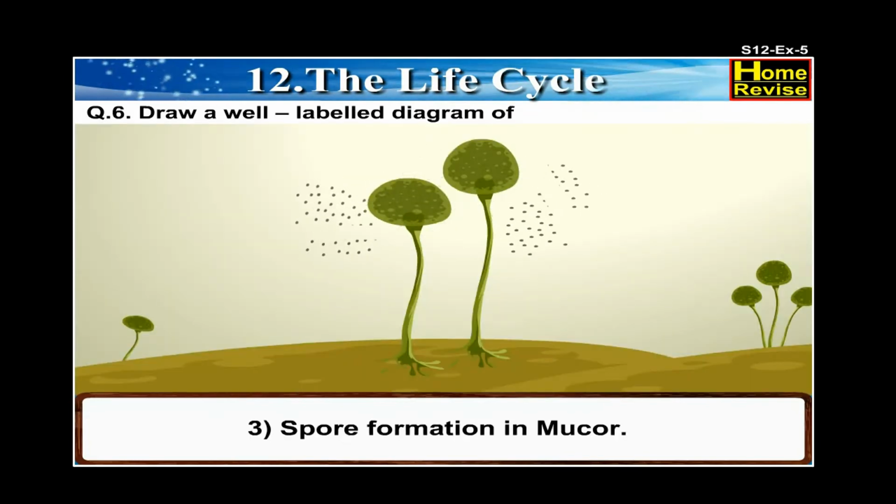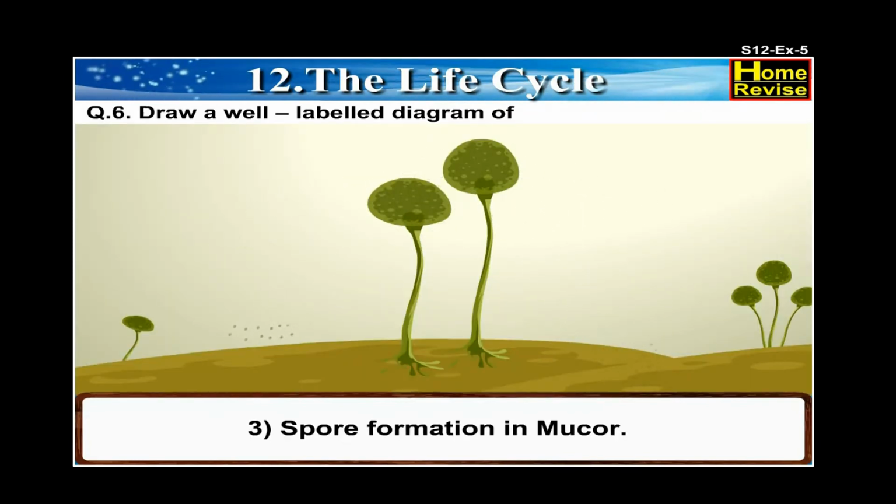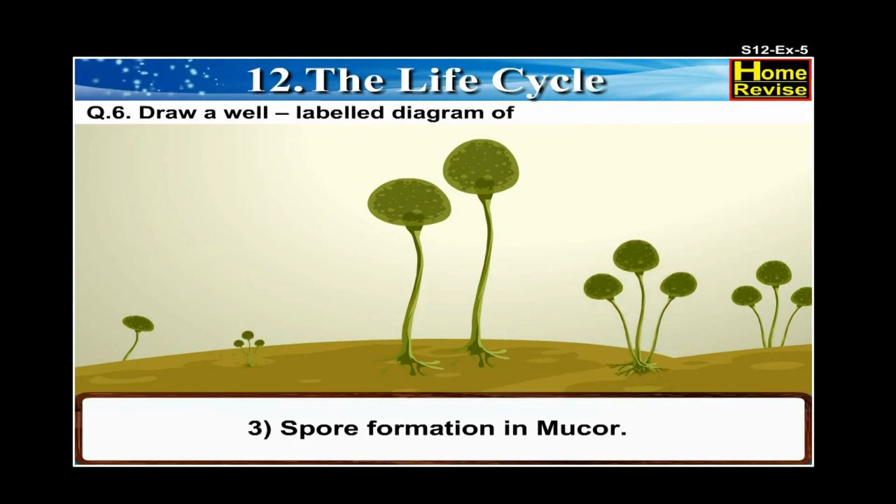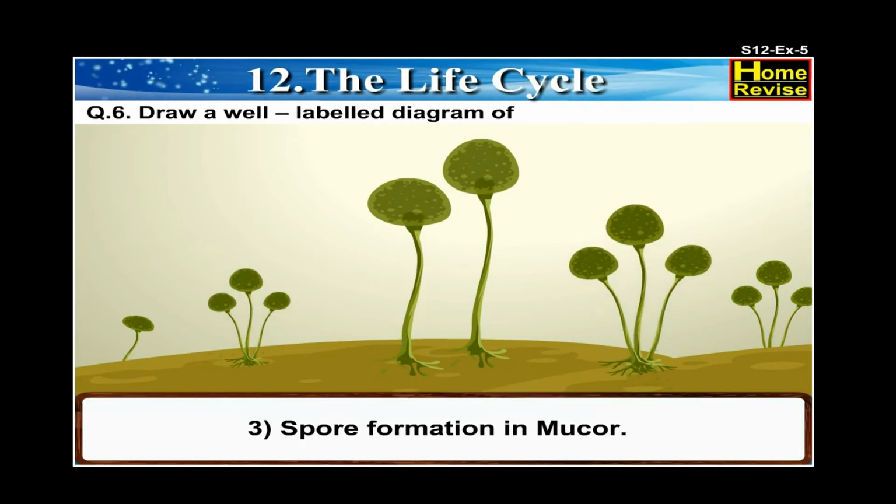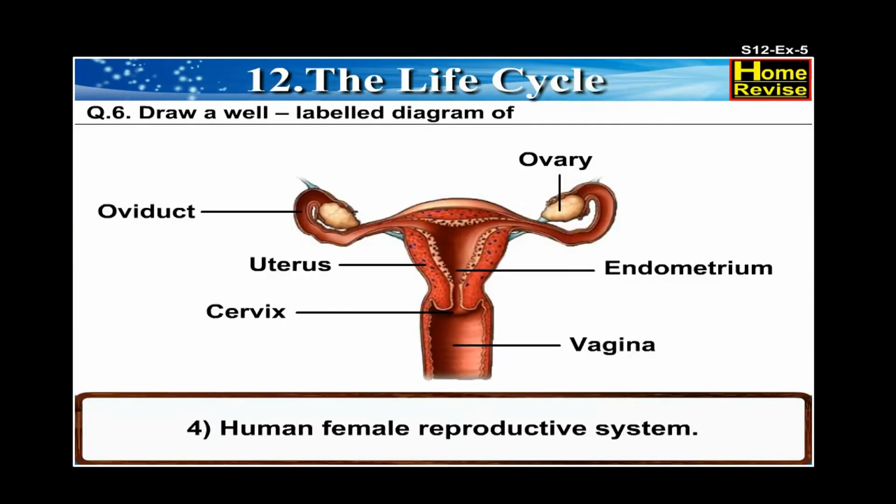Third, spore formation in mucor. Fourth, human female reproductive system.